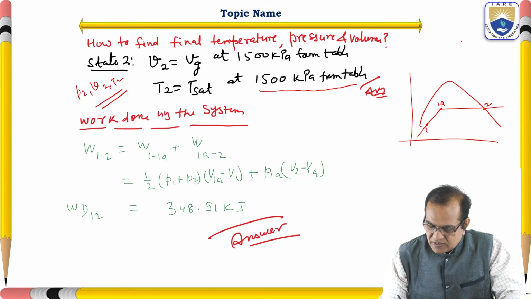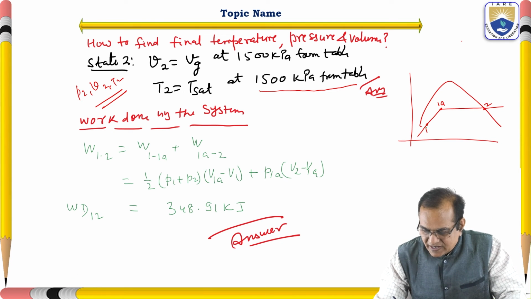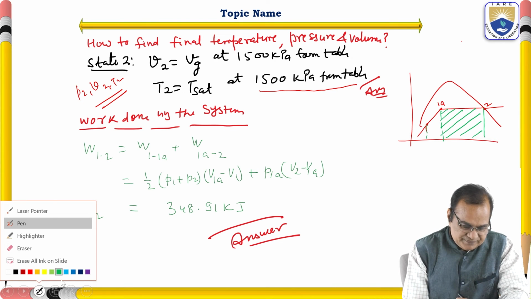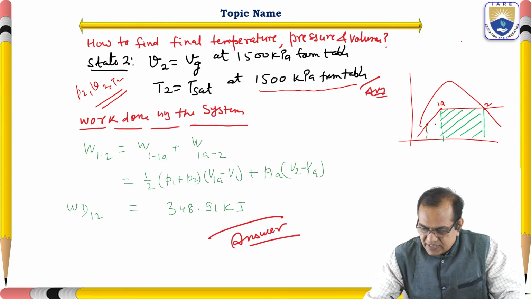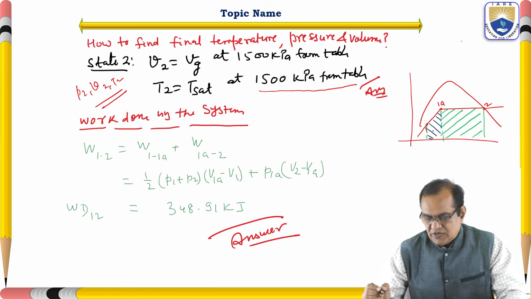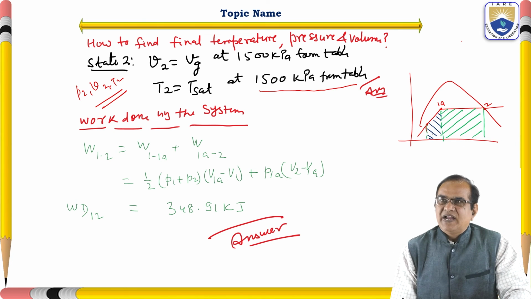I will draw in some other color. So work done 1-1A is a rectangle, and the other is here. You can see here one is the trapezoid and one is the rectangle.